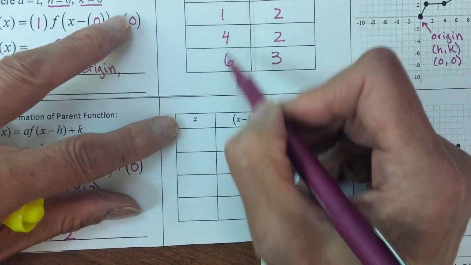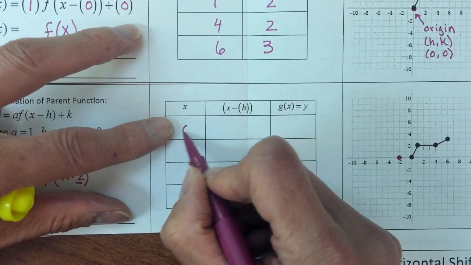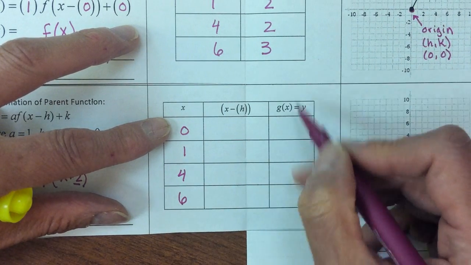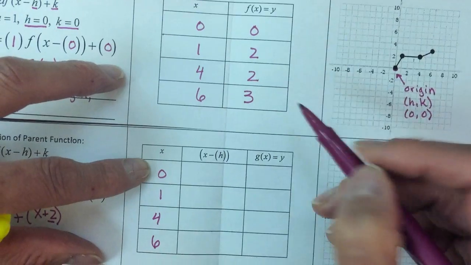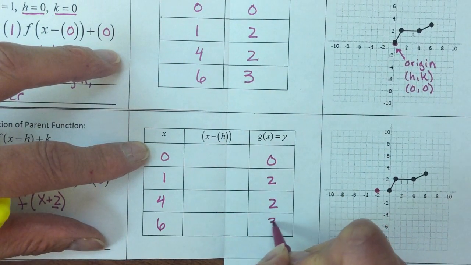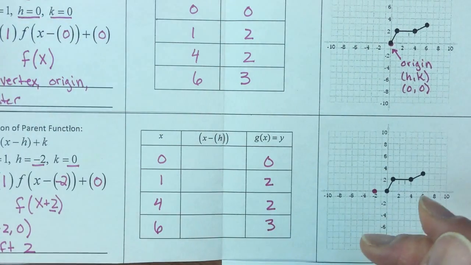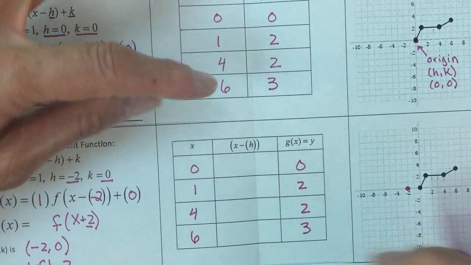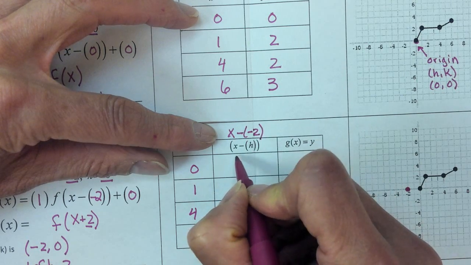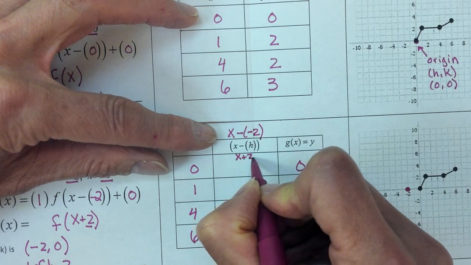So let's go ahead and copy down our x values. 0, 1, 4, 6. And we're going to copy down our y values because our y values didn't change either. 0, 2, 2, 3. What changed was our x values. So we originally had x minus minus 2, which gives us x plus 2.